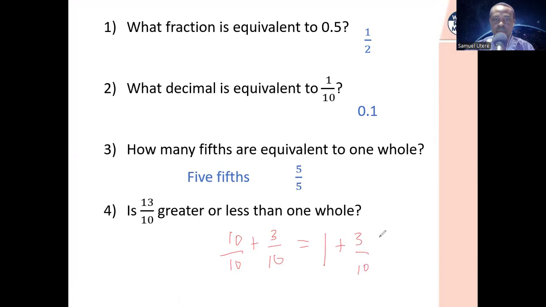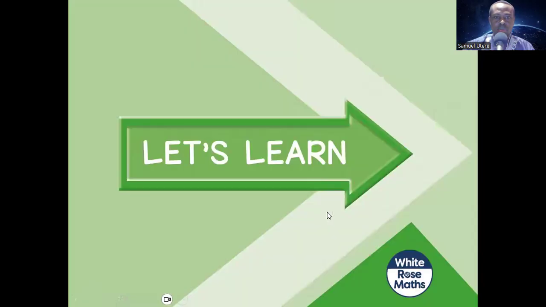So you can see it's already greater than 1. So 13 tenths is greater than 1 whole. Okay, let's move on. Let's do some new learning.